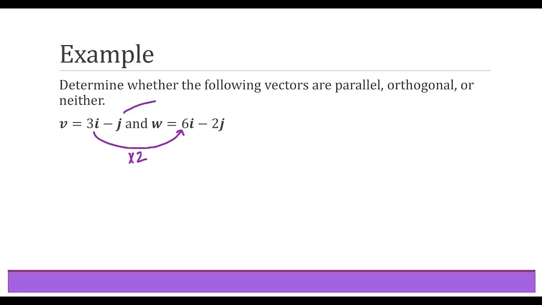And to get from negative j to negative 2j, I would again multiply by 2. So w is equal to 2 times v. I'm just doubling each component from the original. So they are scalar multiples of one another, which means that these two vectors are parallel.